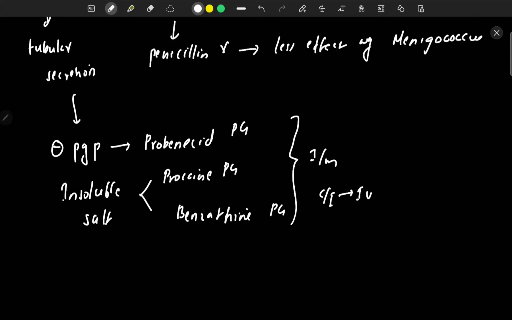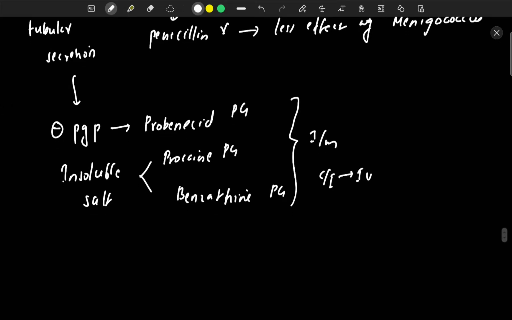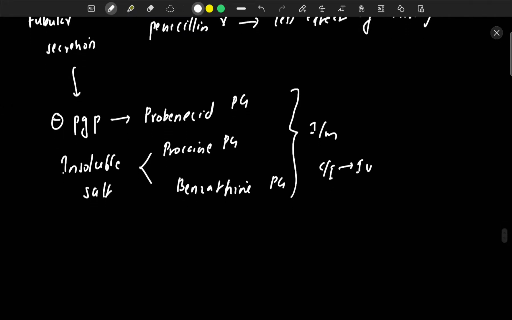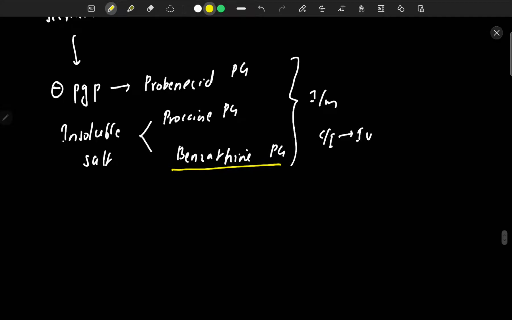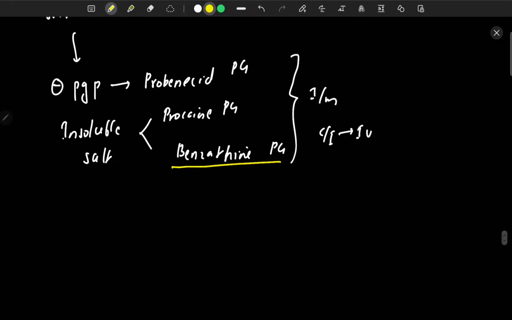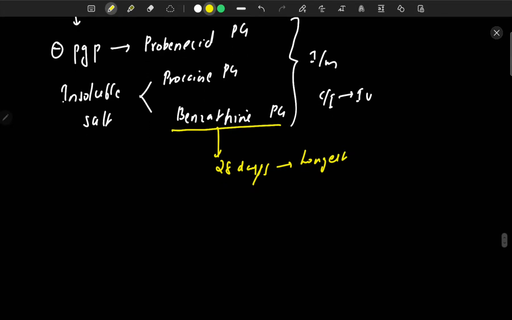This is done to increase the duration of action, to make it long acting. Now about benzathine penicillin G: it is the longest acting penicillin, that is 28 days, and so it is a drug of choice for rheumatic fever prophylaxis.